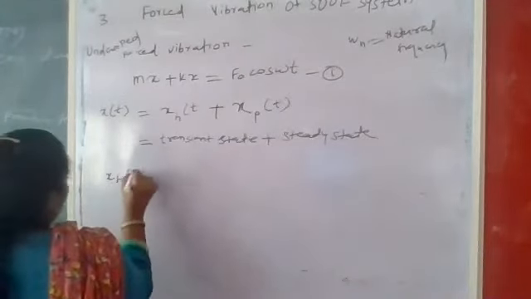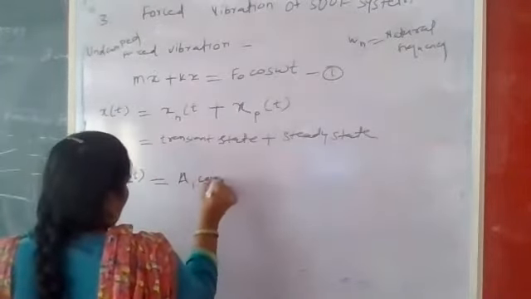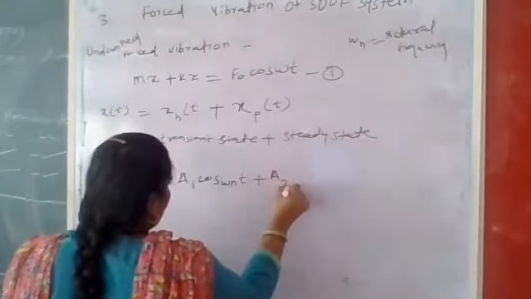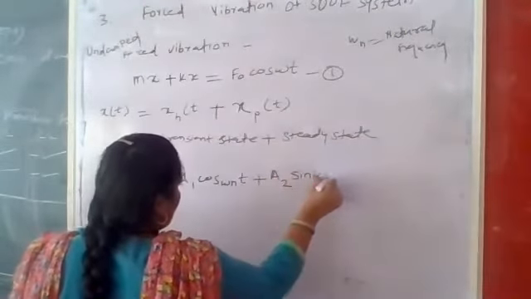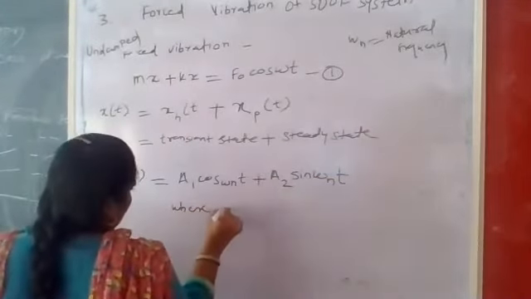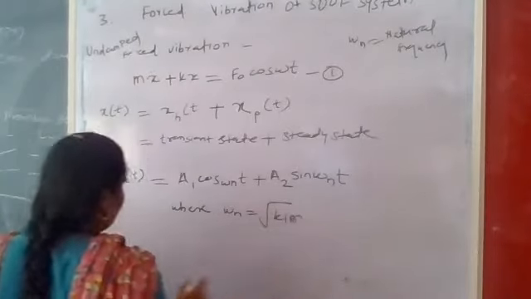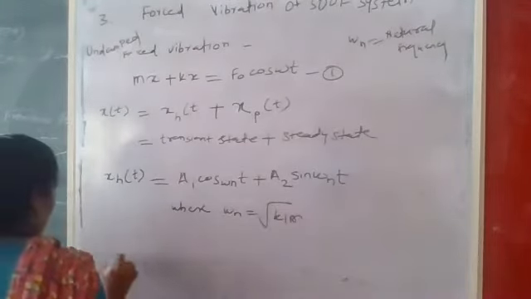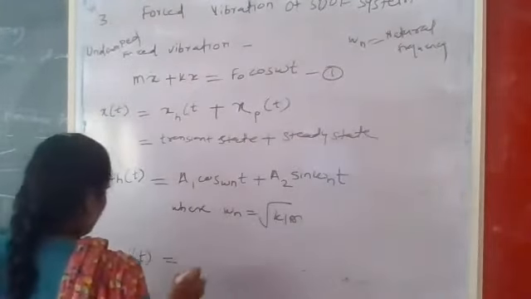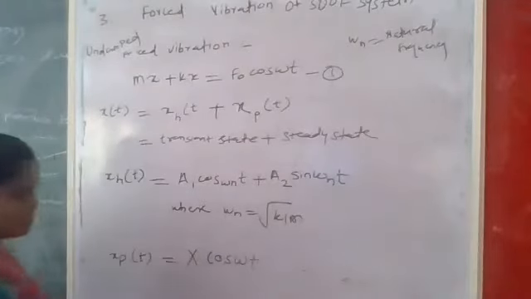From this, xh of t is equal to a1 cos of omega n t plus a2 into sine of omega n t, where omega n is equal to root of k by m, and xp of t, that is the particular integral, is equal to X into cos of omega t.